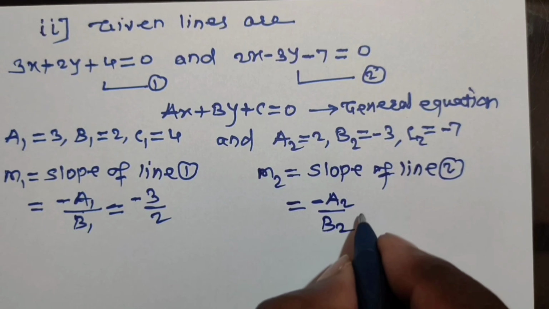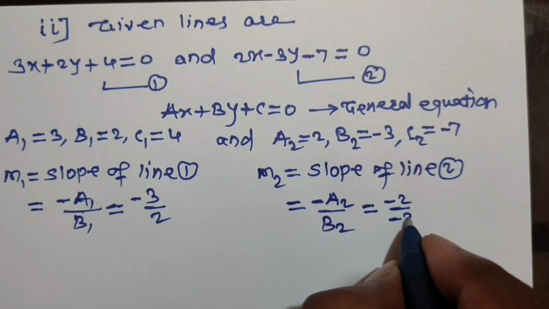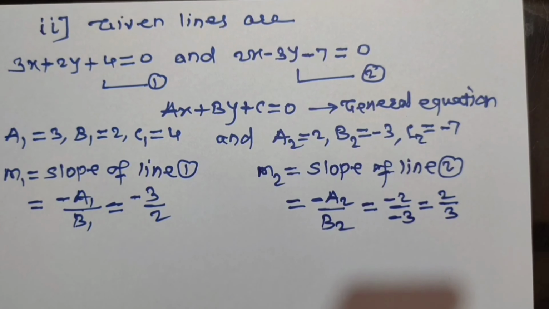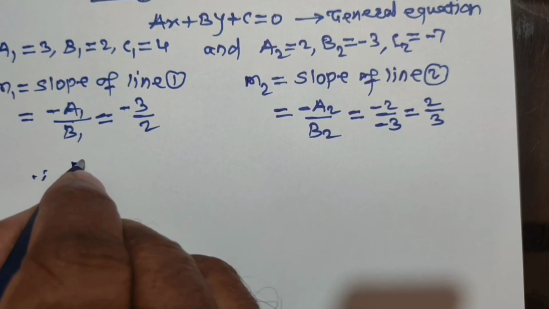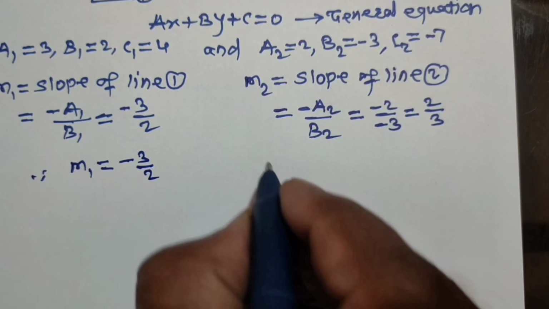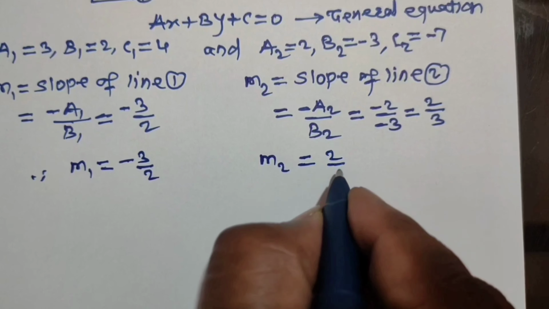And you know a2 is 2, b2 is minus 3. Hence minus 2 divided by minus 3 is equal to 2 upon 3. We have obtained slopes of line 1 and line 2. So m1 is minus 3 upon 2 and m2 is 2 upon 3.